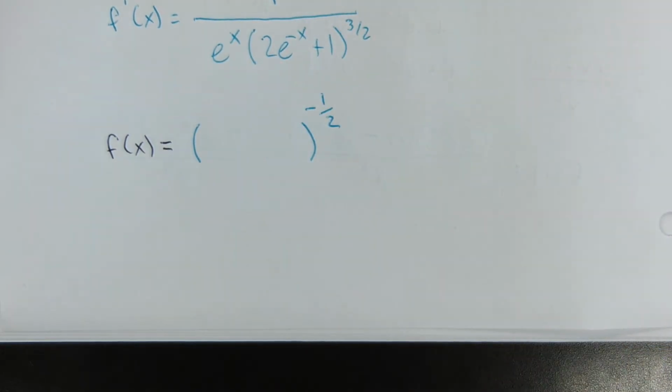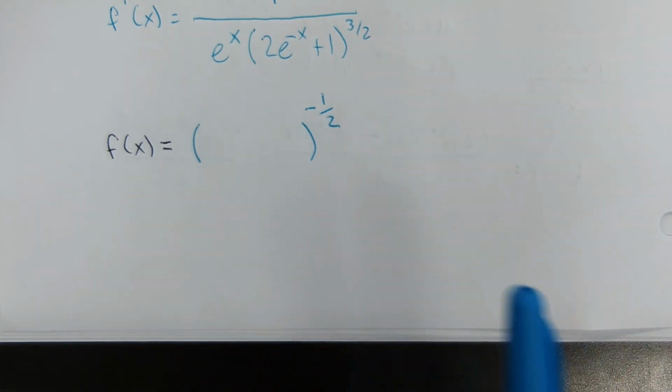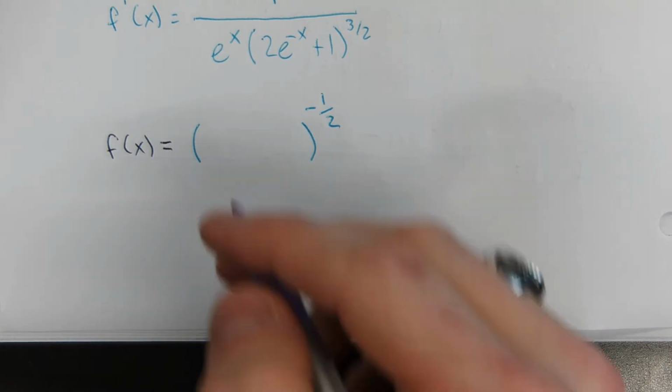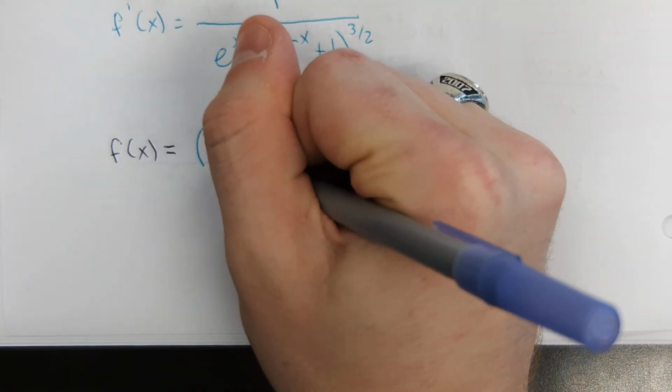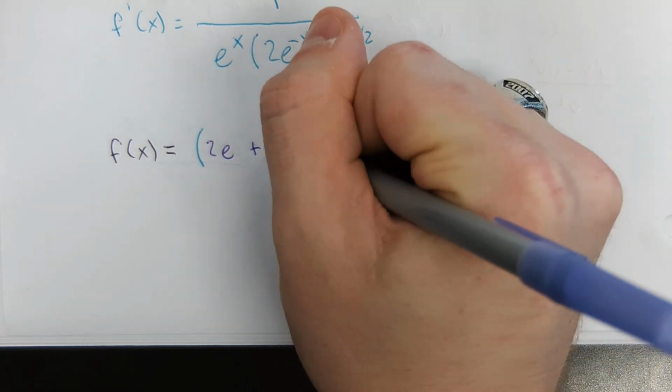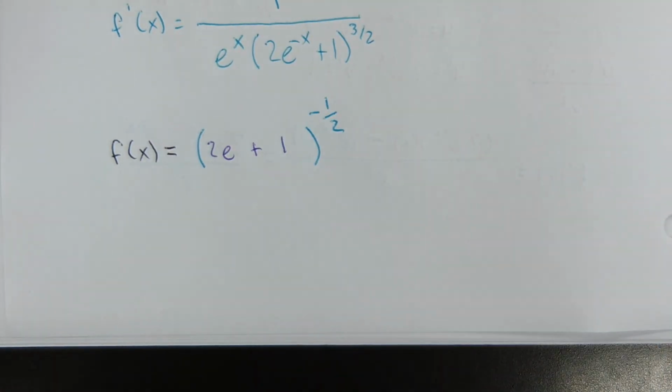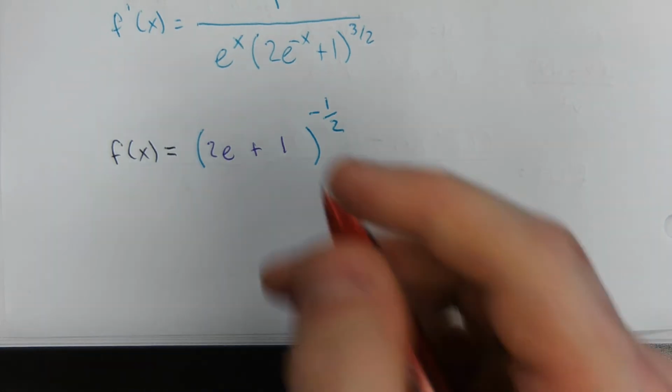There's a function that we could derive, right? We could bring this down, subtract 1. Now the inside is a function as well. Exponential plus 1, right? But the exponent on this exponential is its own function whose derivative is not 1.